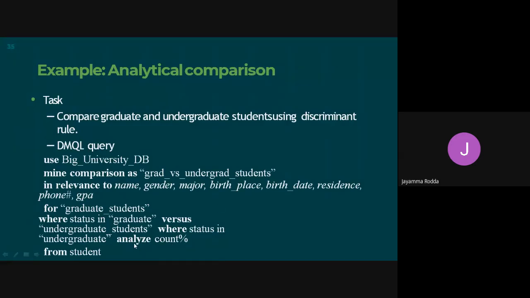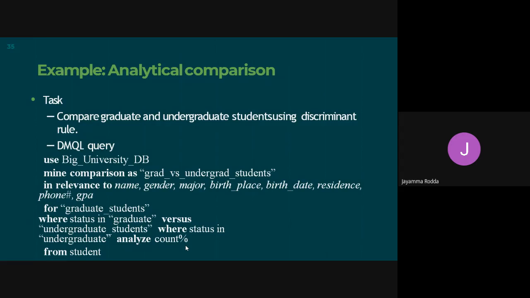So we will analyze based on the number of tuples that are existing. Count percent decides the number of students that belong to the science category, number of students that belong to the graduate category, like that.